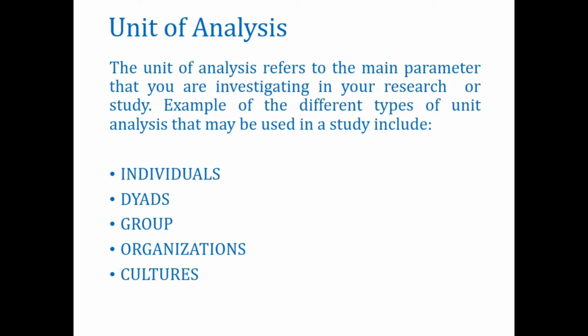Basically, the unit of analysis is part of the research study's analysis element. We also call it the analysis element. The unit of analysis is most important for the study.